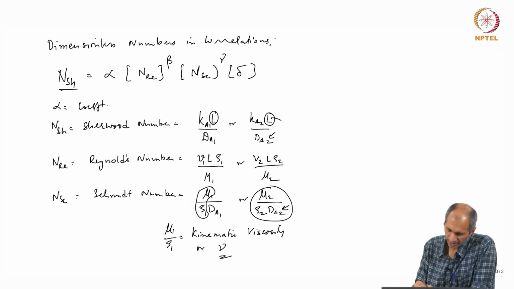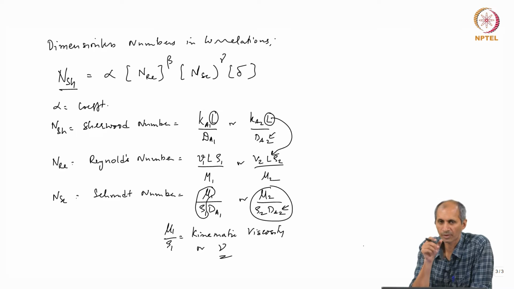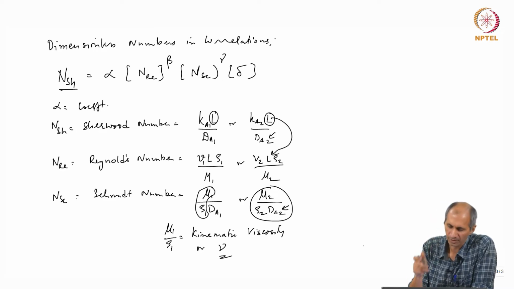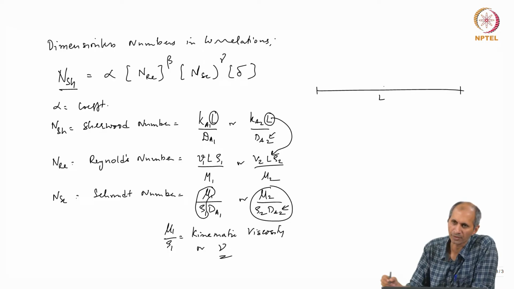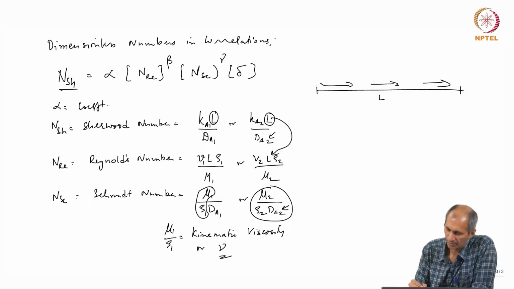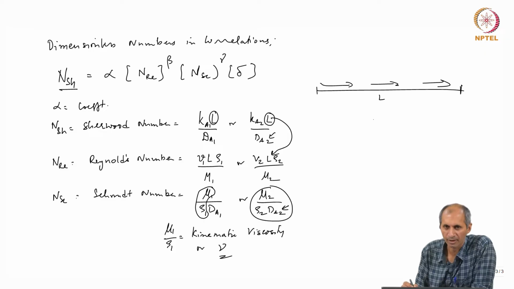In this case this L is the same L that is there in your Reynolds number. If we are talking about a river, the interface of a river, we are talking about the length of the water on which the fluid is in contact. If your Reynolds number is defined with this length parameter, the Sherwood number also has that same thing there.